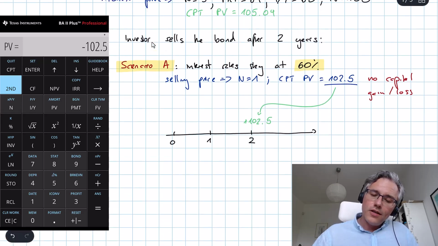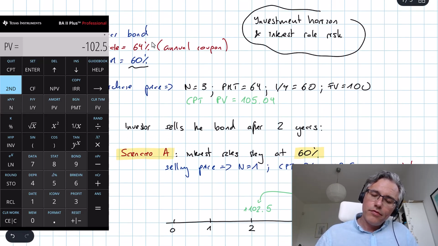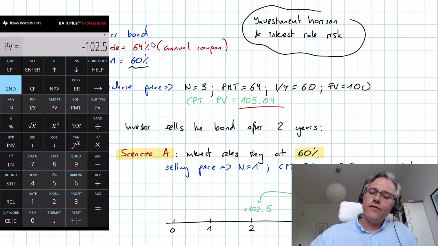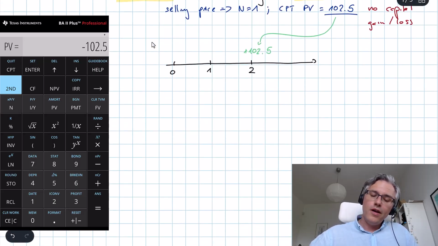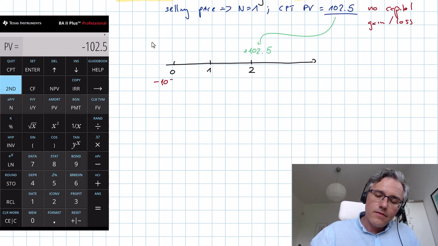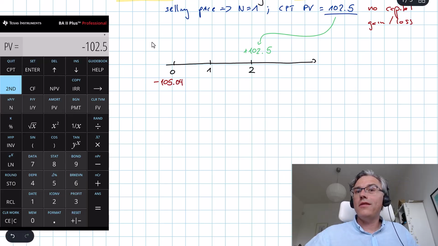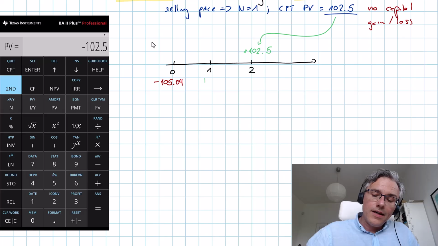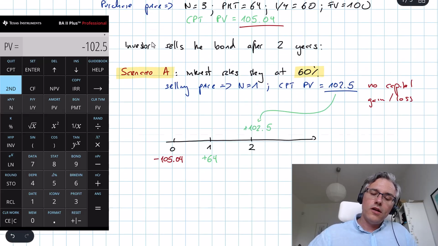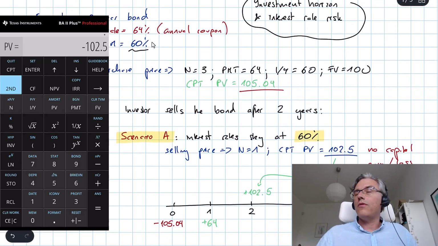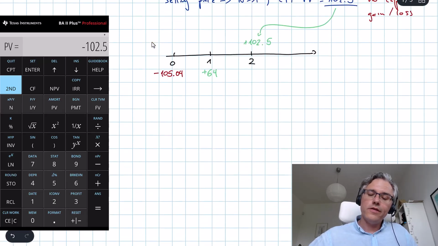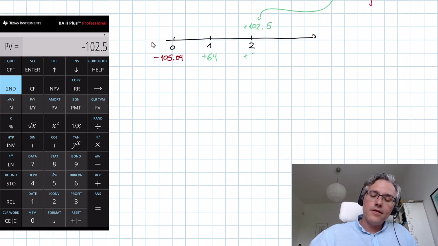We initially paid a price of 105.04 to get into this investment. In the meantime it generated some coupons. A 64 coupon, recall this bond was paying coupon at 64% of par, so 64 here and 64 here.